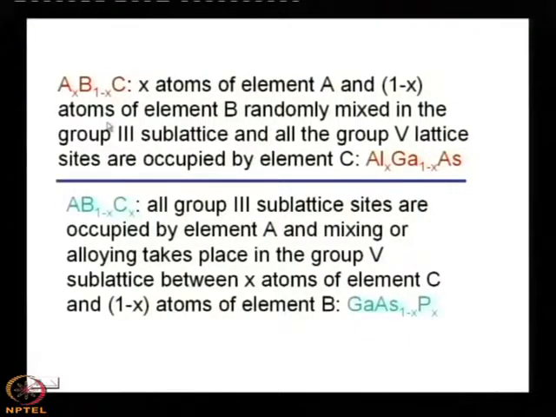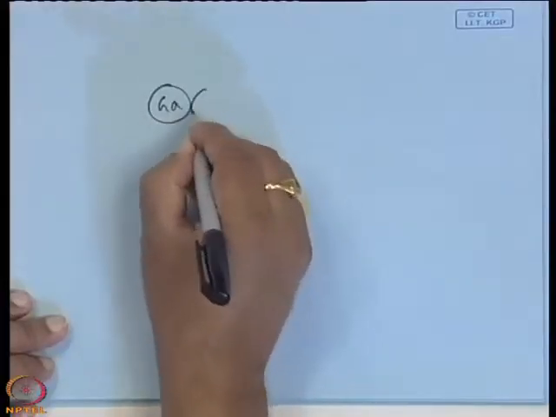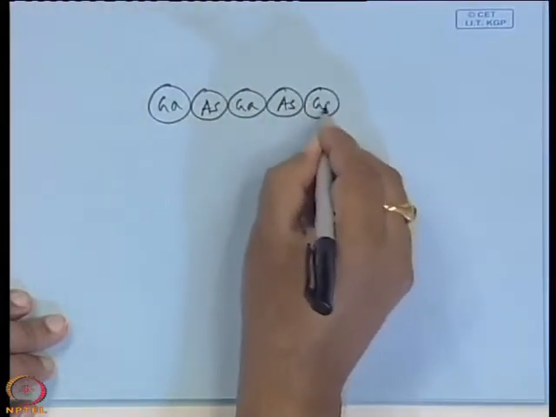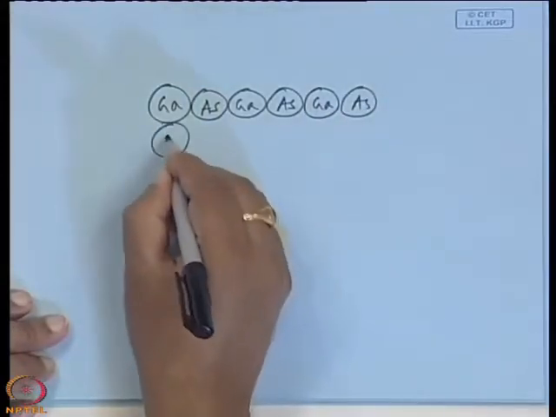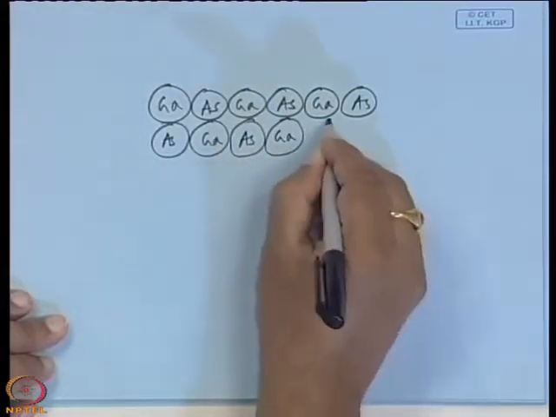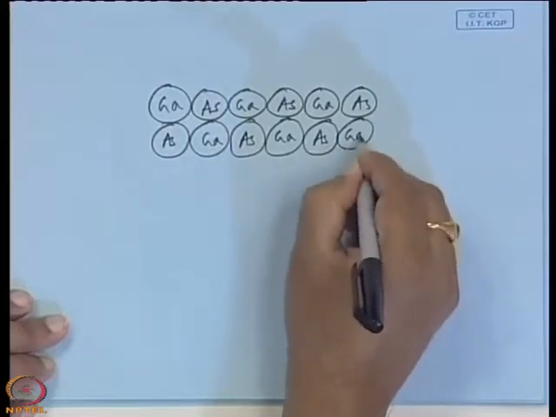If we take a 3-5 semiconductor, then we can say that x atoms of element A and 1 minus x atoms of element B are randomly mixed in the group 3 sublattice, and all the group 5 sublattice are occupied by element C. So, 3 elements are there, A, B, C. And when we talk about sublattice, say this is gallium, this is arsenic, this is gallium, this is arsenic, and so on.